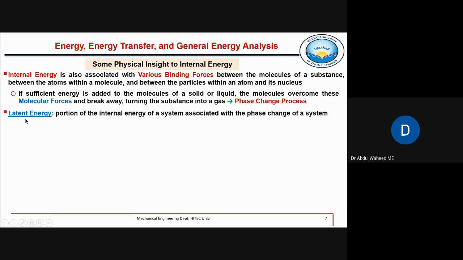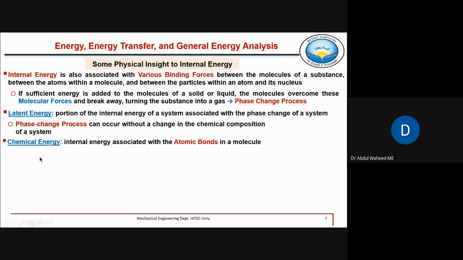Latent means hidden, because during that energy transfer we cannot sense the change because there is no temperature change. Whenever a phase change is happening, the temperature stays the same, so we cannot sense this change. That's why it is not sensible energy, it is latent energy or hidden energy. So that is the second part of internal energy, which is related to the phase change process.